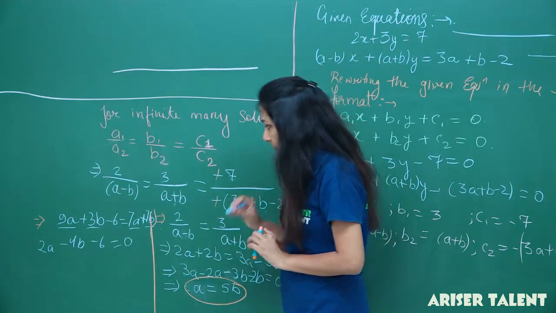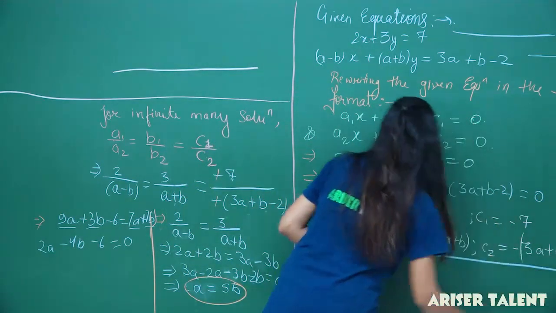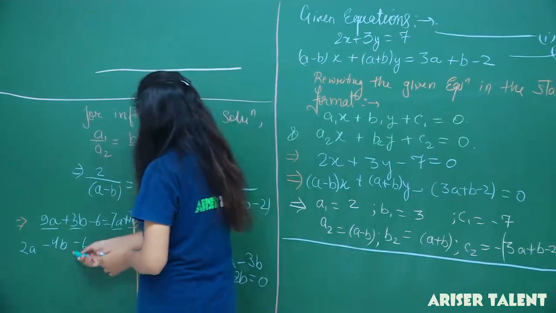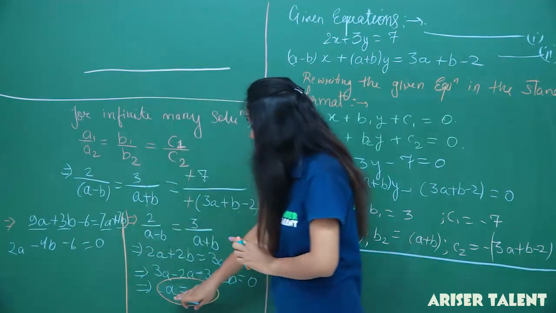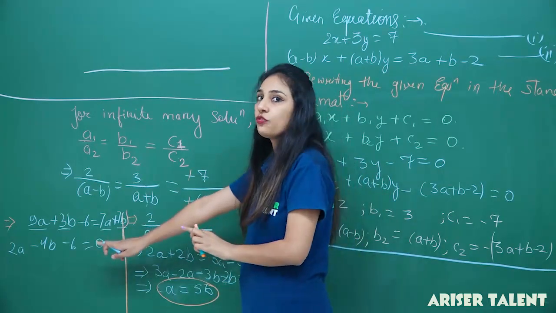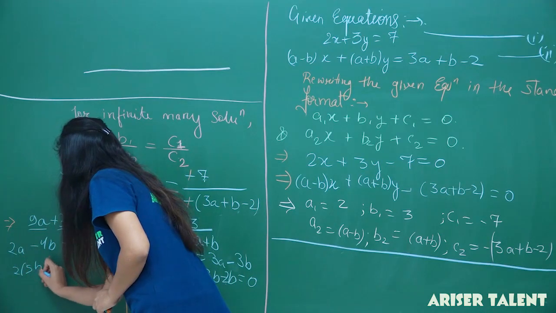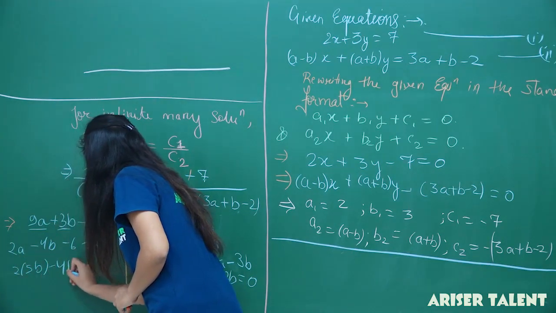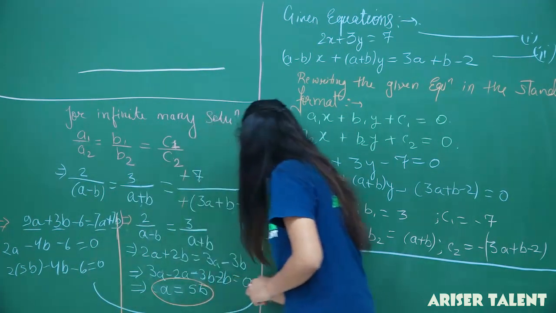Okay. Now can I use this portion here? After this I will be using that. Now concentrate on this. We have a equals 5b, so I can use a equals 5b there, right. So 2 times 5b minus 4b minus 6 equals 0. Now I am writing this here, students.